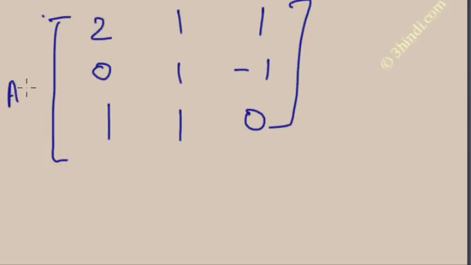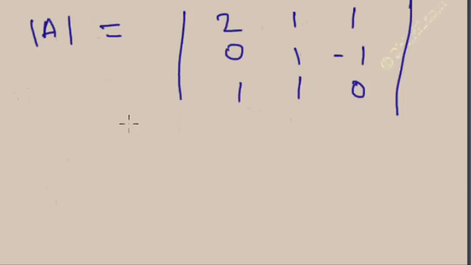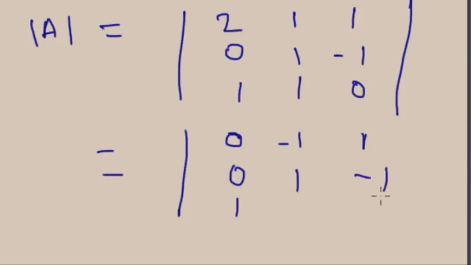This is the matrix A. Now you are required to find the determinant of A. Multiply this row with 2 and subtract it from row 1, which means 2 minus 2 is 0, and so on. Here it is 2, 1 minus 2 is minus 1, and 1, and 1, minus 1 and 1 0.